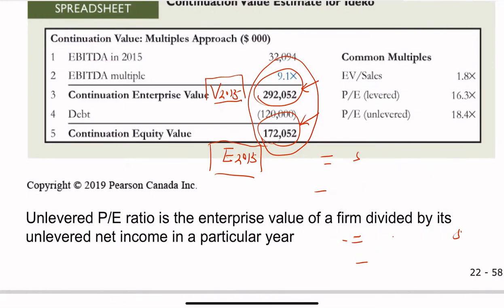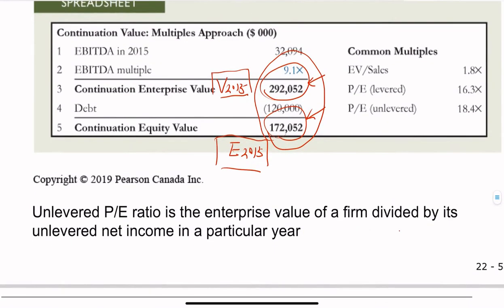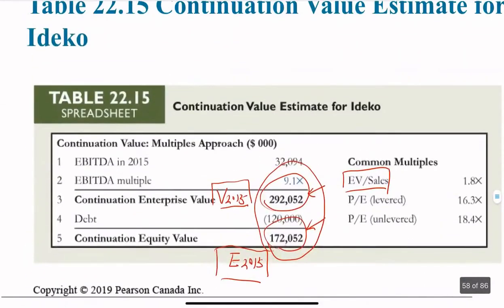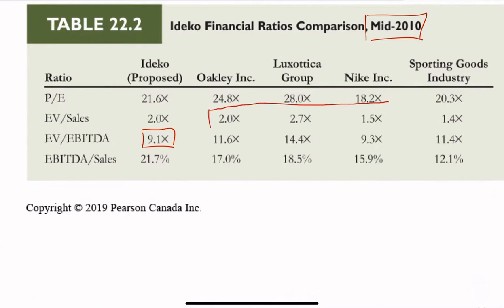So if you compare these valuation ratios with comparable firms, you can see that the EV sales ratio is 1.8. And if you look at comparable firms, EV sales ratio is 2.7 and 1.5. So you can see that the 1.8 EV sales ratio is reasonable, right?